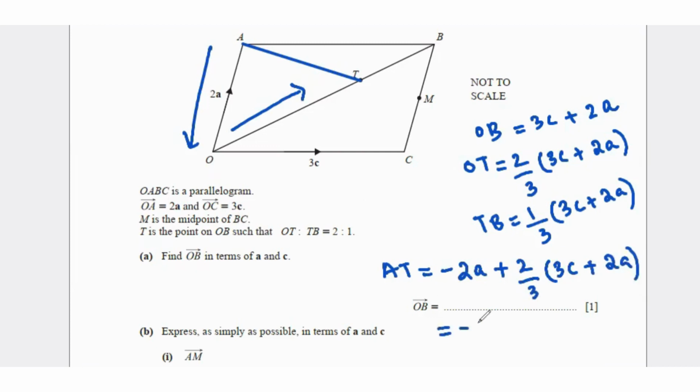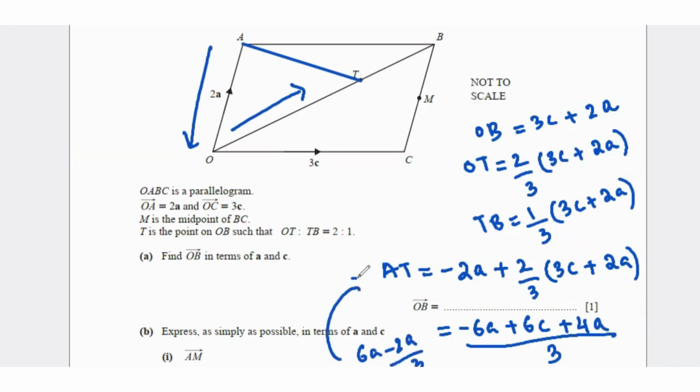We simplify that, that's going to be negative 6a plus 6c plus 4a over 3, which can be written as 6c minus 2a over 3. That is AT.